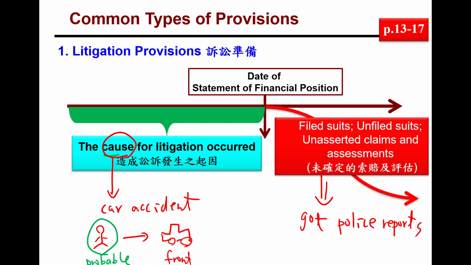When should we report that we have the liability, we have the responsibility? Right now, when the car accident happened, or later on, when we got a police report? When?